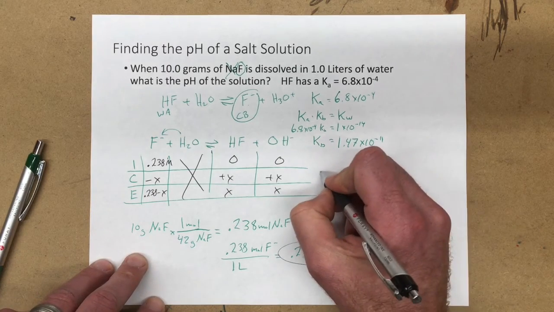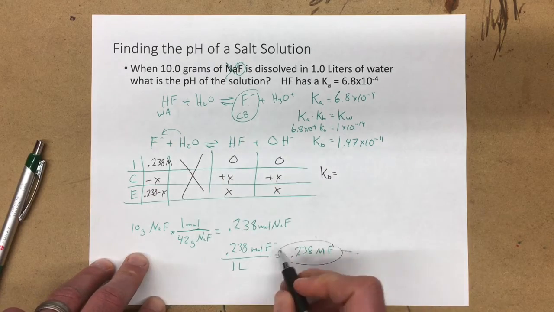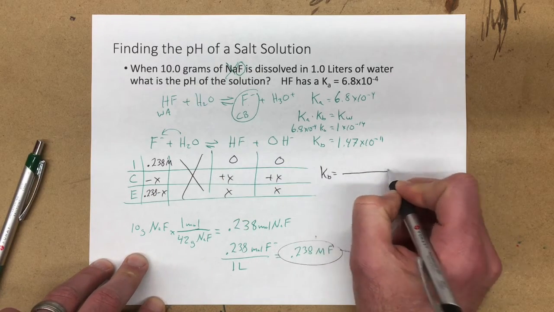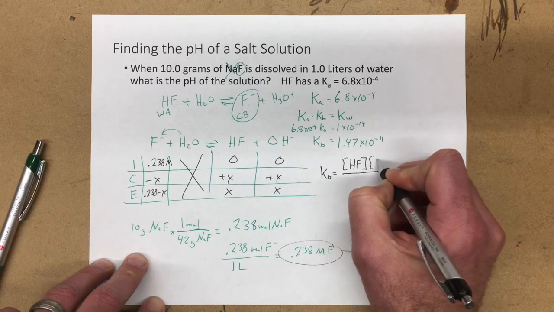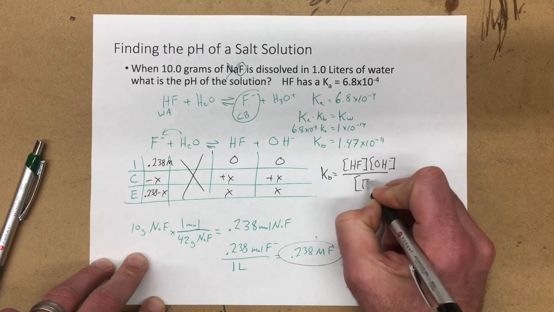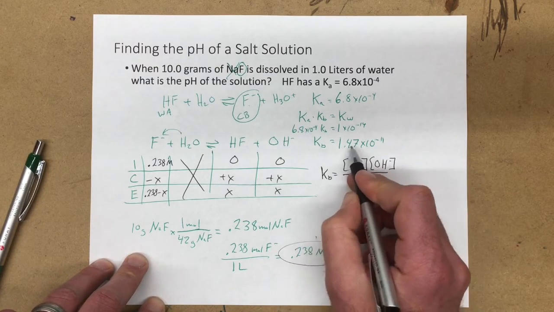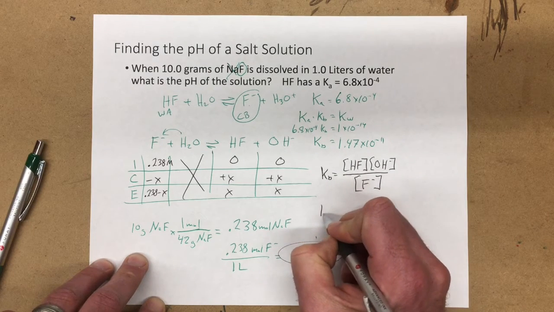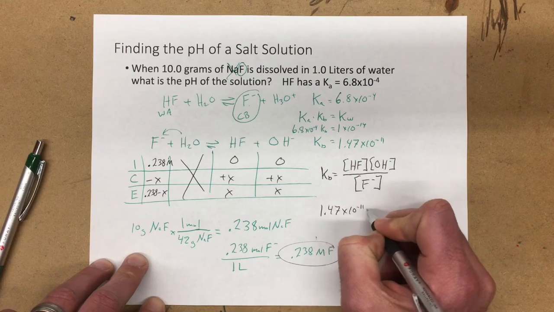All right, we'll write out our equilibrium expression. So Kb, because this is an equation for a base, is equal to, so we'll have HF and OH minus on top. And on the bottom, we'll have the fluoride ion. We found Kb using Ka, 1.47 times 10 to the negative 11.